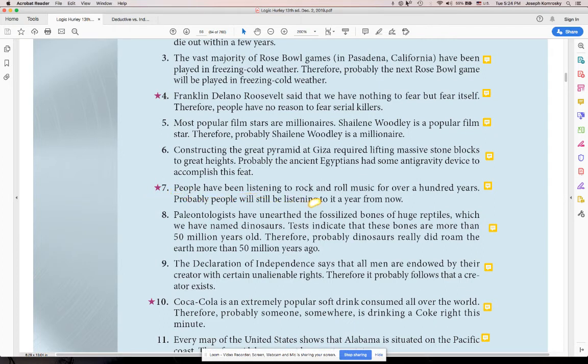People have not been listening to rock and roll for over 100 years. It hasn't been around that long. So in that sense, you have a false premise. And again, if you have one false premise, the whole thing gets knocked down to uncogent, because cogent arguments require strong arguments and true premises. But this premise is not true, therefore the whole thing's uncogent. Okay, so it's just an example.